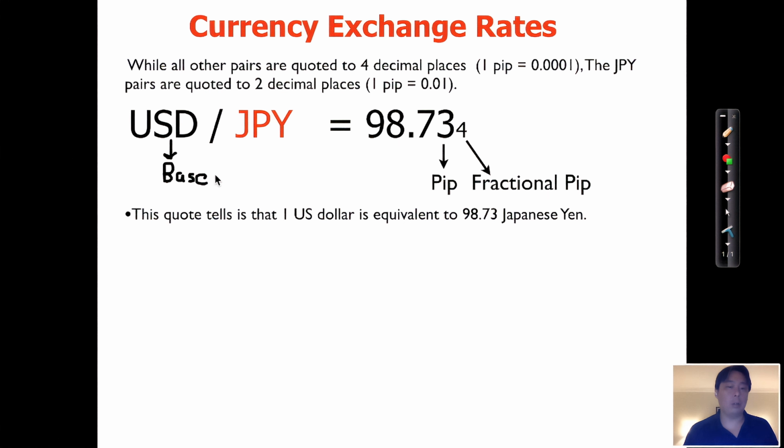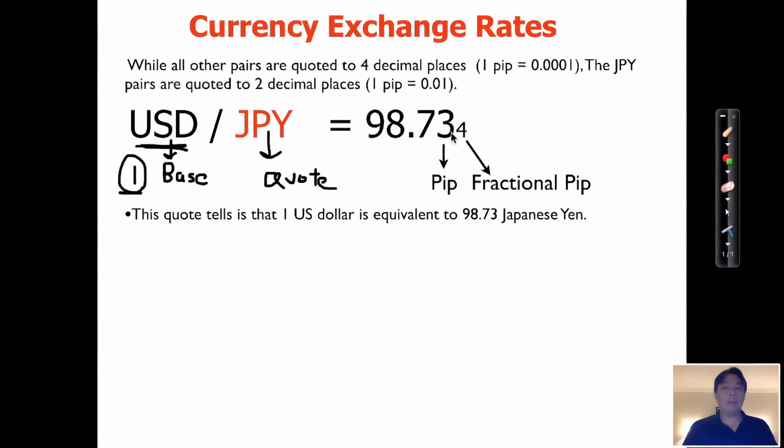And what is this called, ladies and gentlemen? It's called the quote currency. That's right. So remember that the base currency, which is the first one, is always 1. So what we're saying now is that $1 is equivalent to 98.73 Japanese yen.